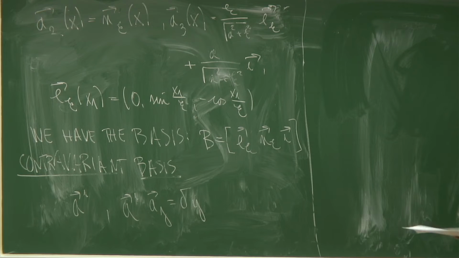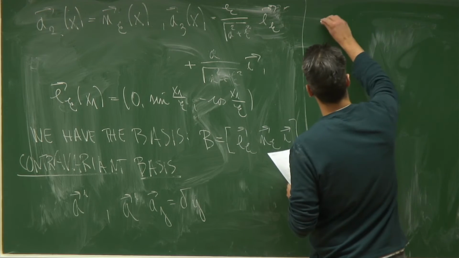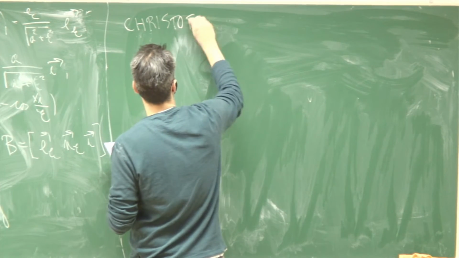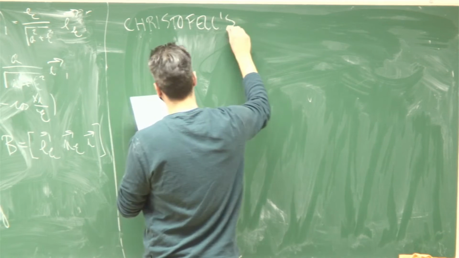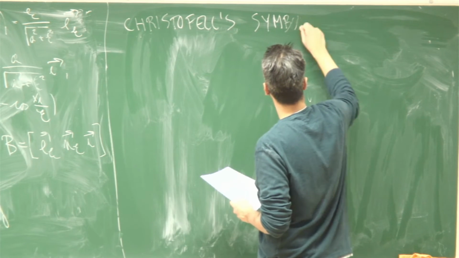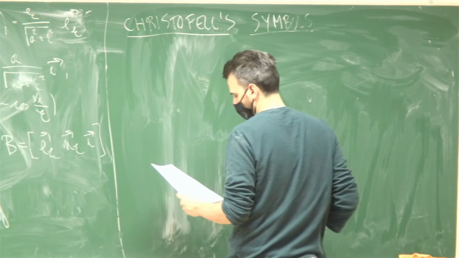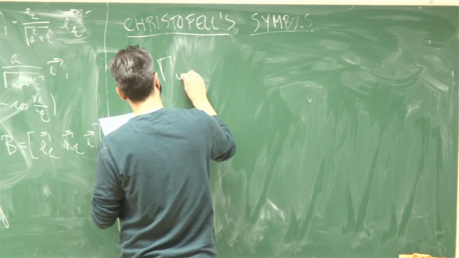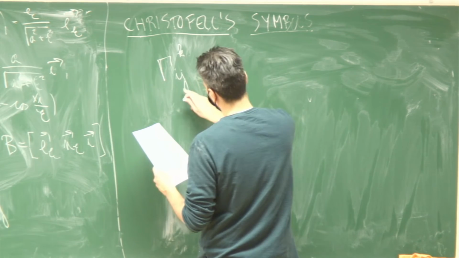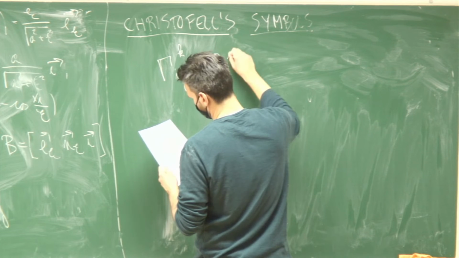Okay, so besides this contravariant and covariant basis, as I mentioned, you need to introduce the so-called Christoffel symbols, denoted in this way. Gamma i j k is given in this form.